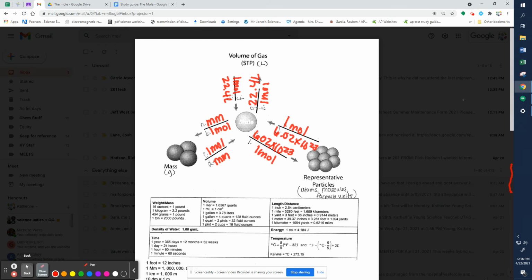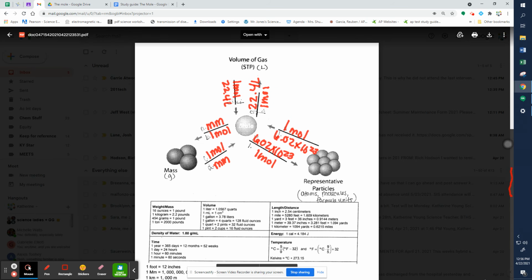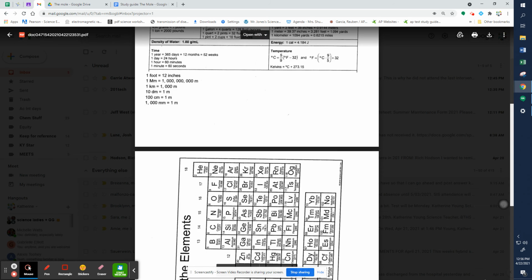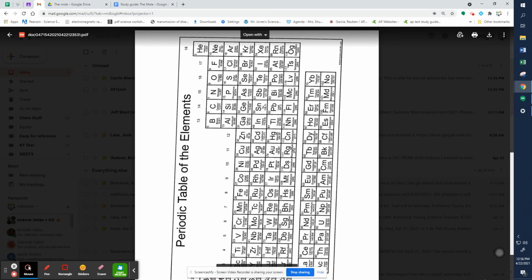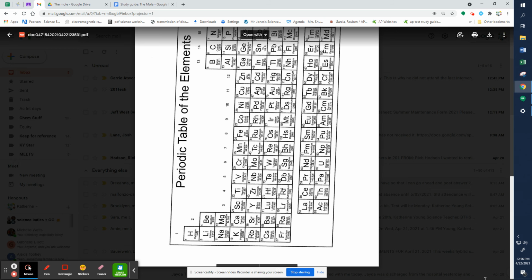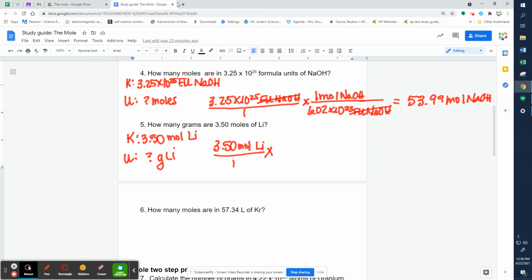When I go down here to my periodic table, and you guys can all look up lithium's atomic mass, it is 6.94. So I have my atomic mass, 6.94 grams of lithium over 1 mole of lithium.